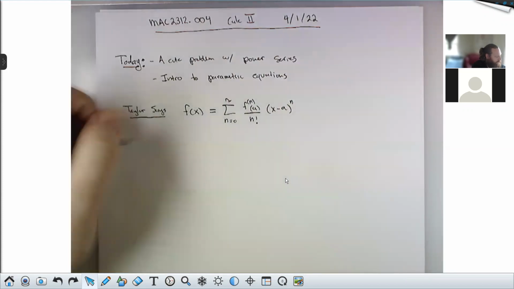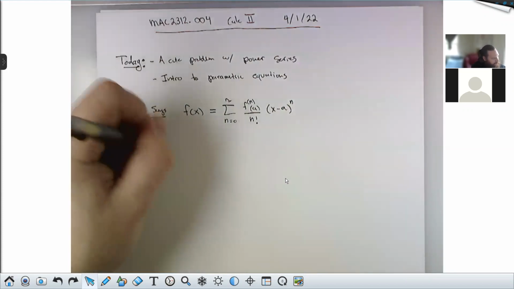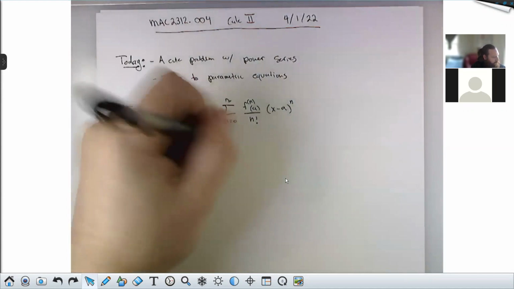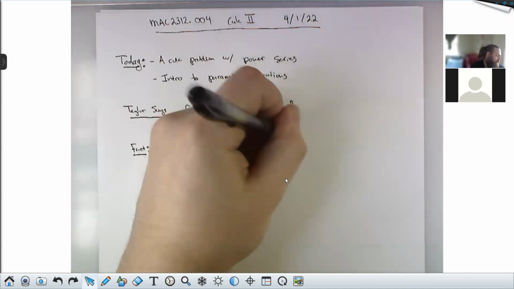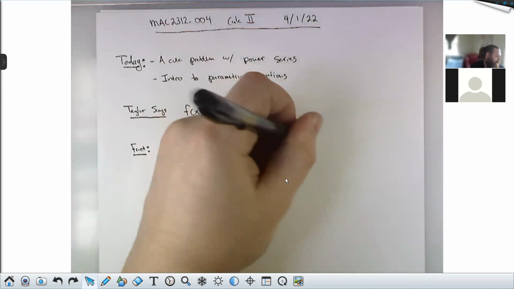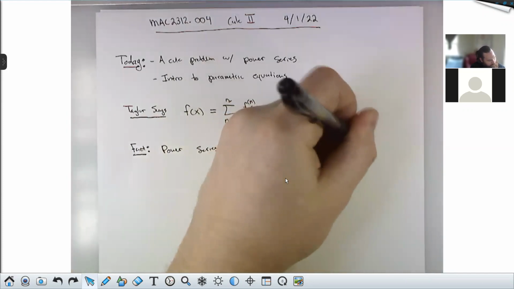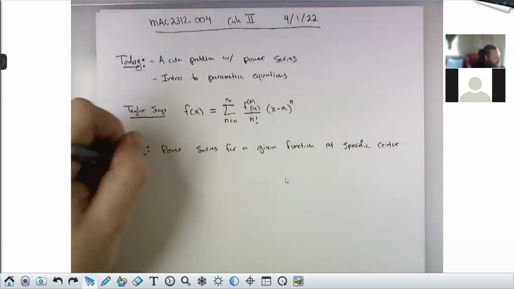And it is a fact that power series for a given function at a specific center are unique.